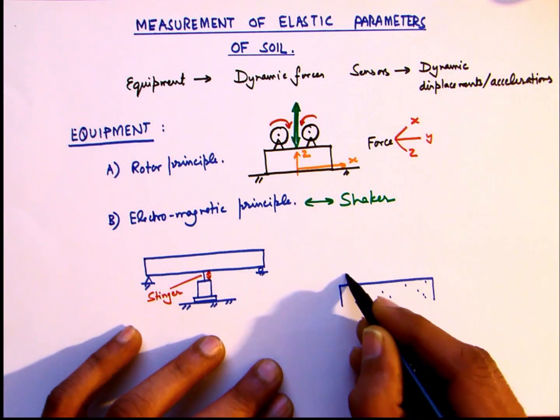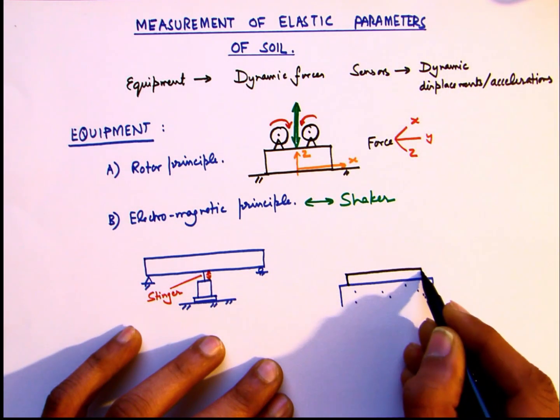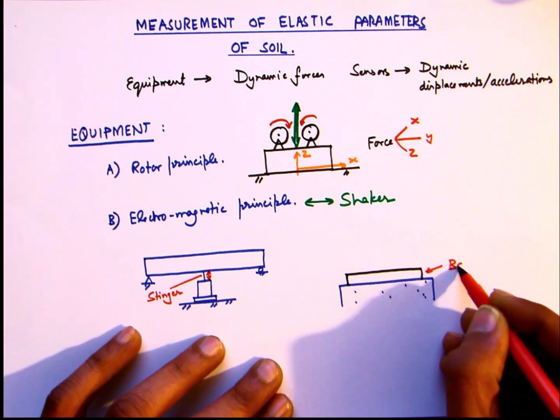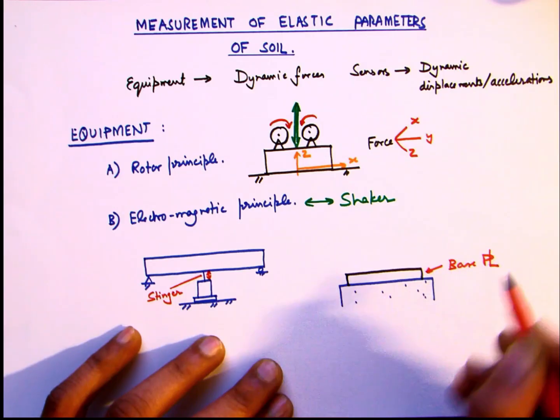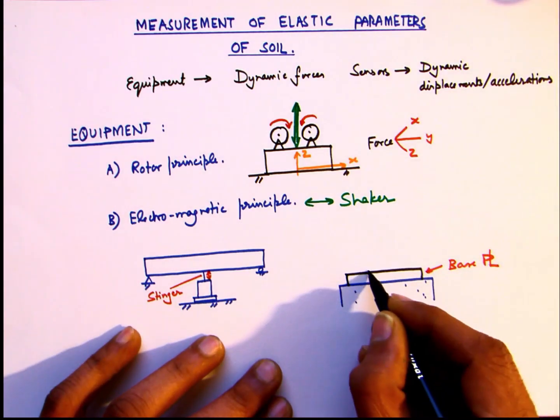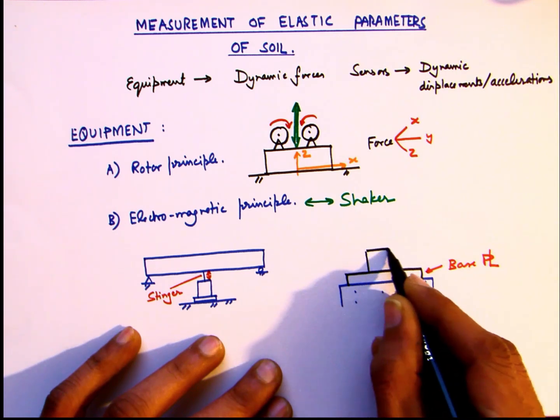So here there is a base plate which connects to the ground or the structure to be vibrated, and the main shaker is positioned on the top of this base plate.